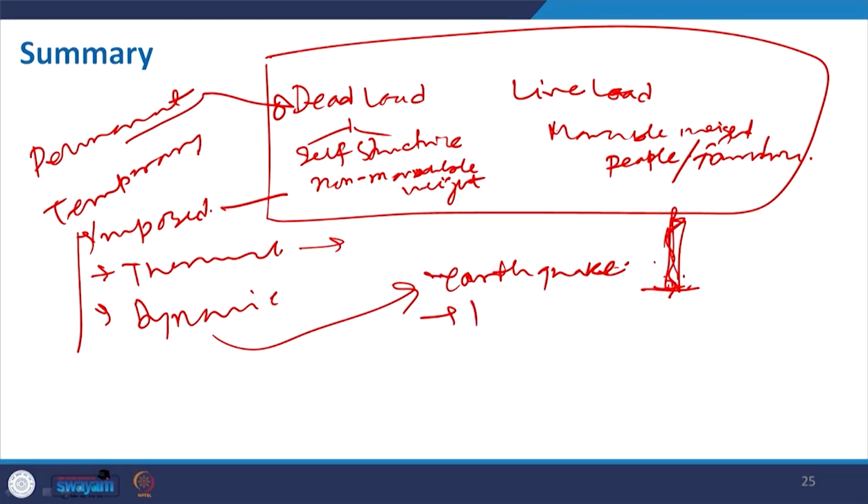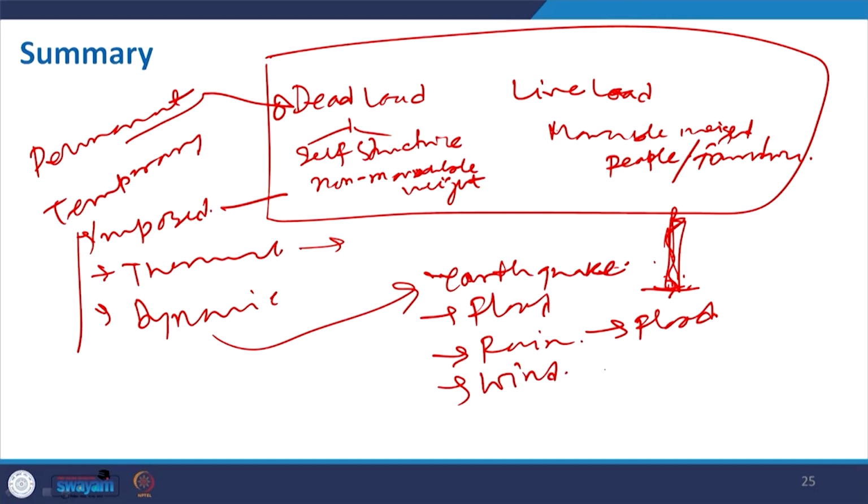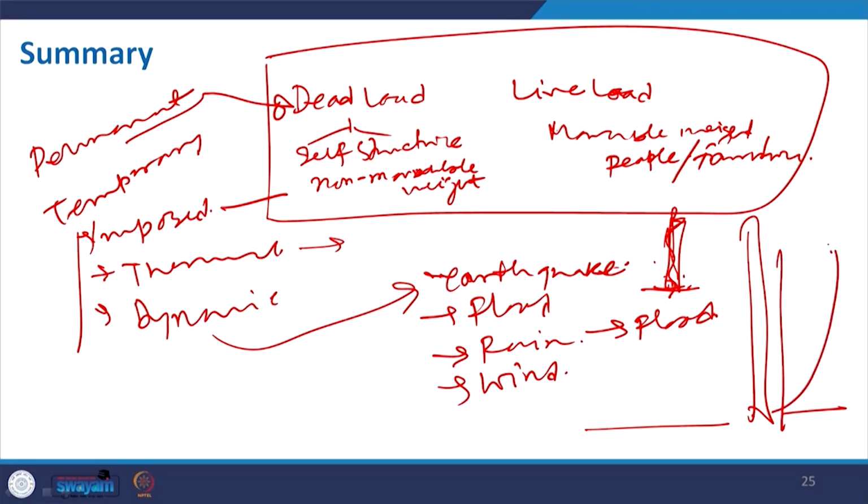Then it may be due to flood, unprecedented rain causing flood. Then wind is very vital, especially for buildings we construct near the coastal area, where wind pressure is considerably high, or for high rise. In both wind and earthquake cases the problem is with the high rise. The moment you go up, wind velocity will be more, as we discussed.